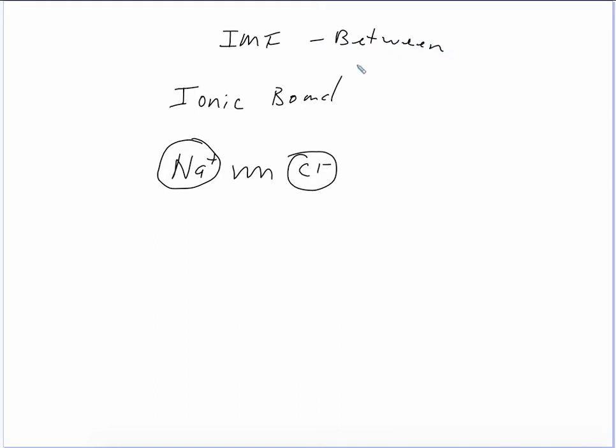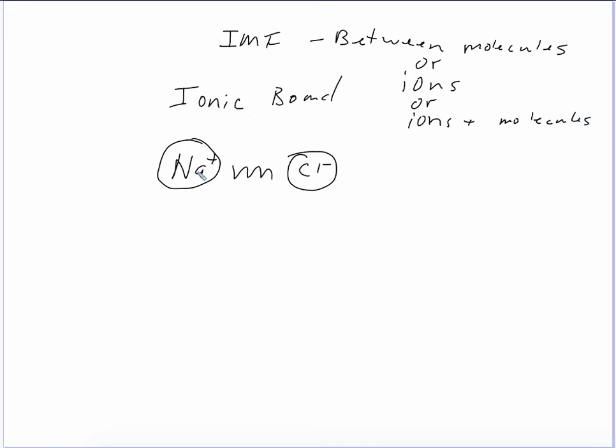So when we talk about IMFs, they are forces between molecules, or ions with ionic compounds, or there can be forces between ions and molecules. So those are the types of IMFs that we're going to talk about.